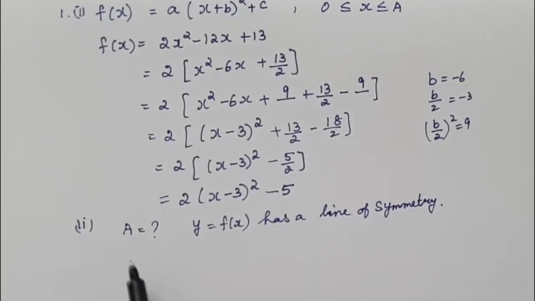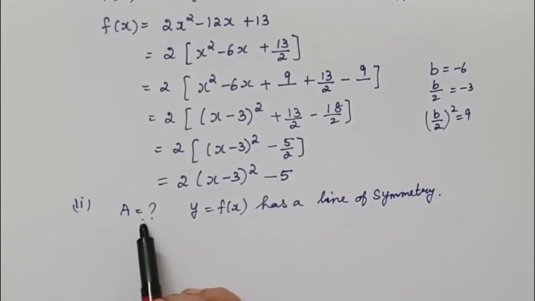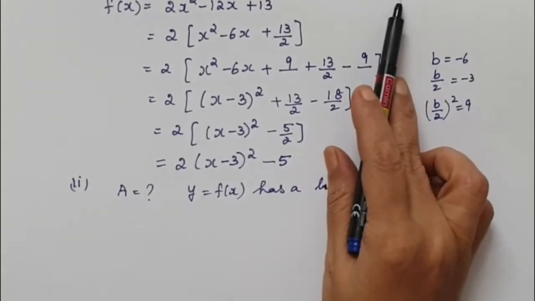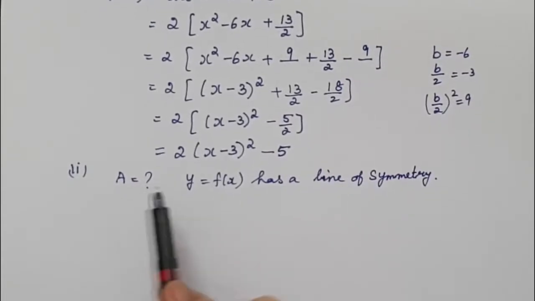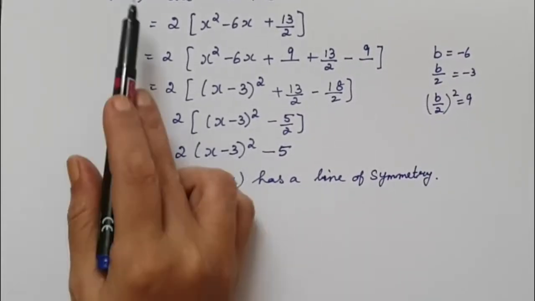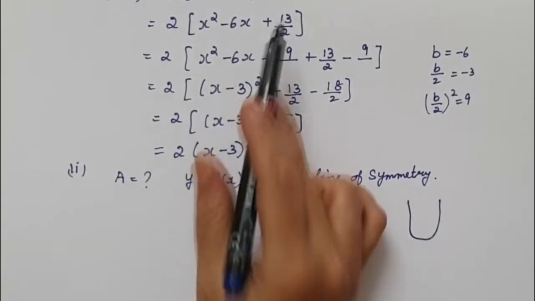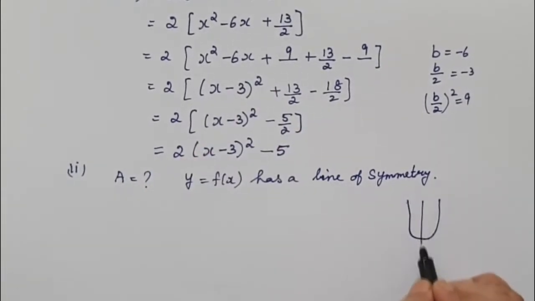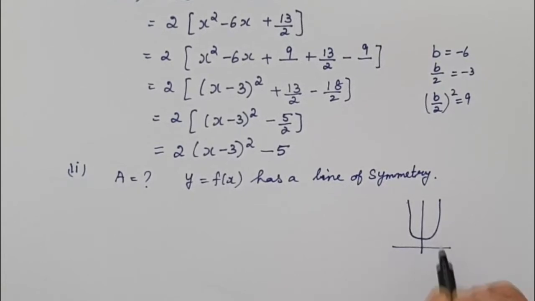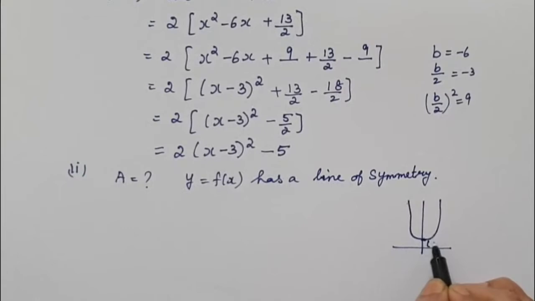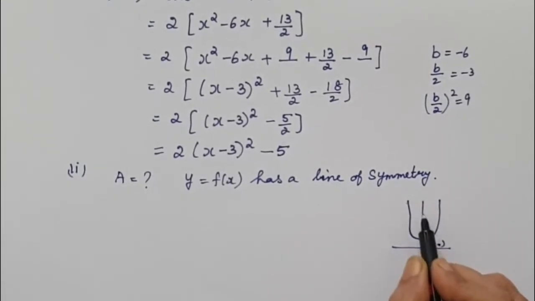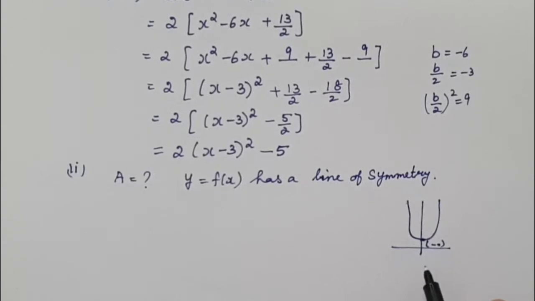Now for the second part, we need to find the value for a. That is our domain we need to find. We need to find the value for a for which the graph y equal to f of x has a line of symmetry. This is a quadratic, so our graph will be in the form of a U. This will be the end point over here, the vertex. If we can find this, that will give us the line of symmetry for the curve.